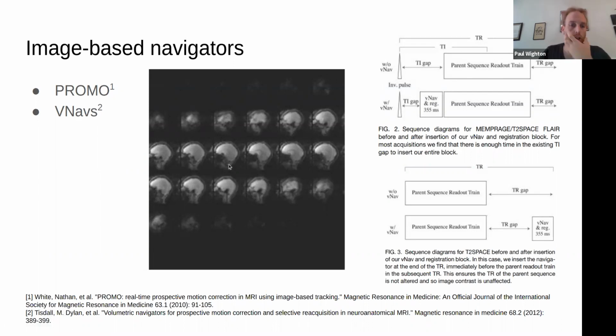And it shows the whole head, and you can see like the jaw and some soft tissue here. In practice, this isn't a navigator we would use, right? In practice, we would choose the field of view for the navigator so that it only contains the rigid part of the brain we care about. We want to discount the nose, we want to discount the jaw and the neck. And we can place the field of view only on the rigid part of the head and skull, because that's what we care about tracking.